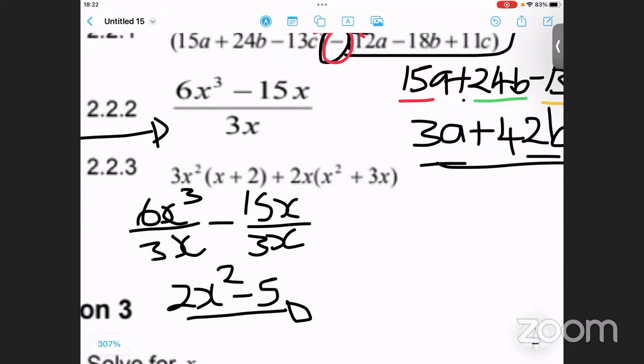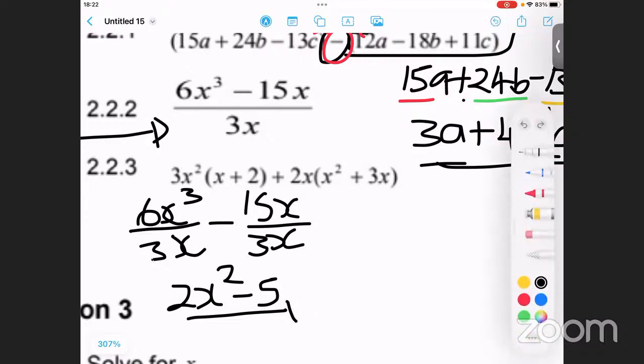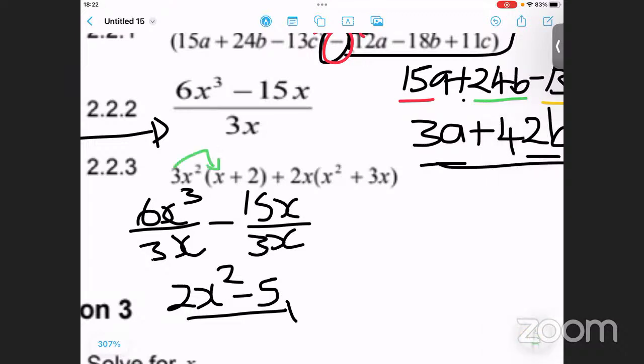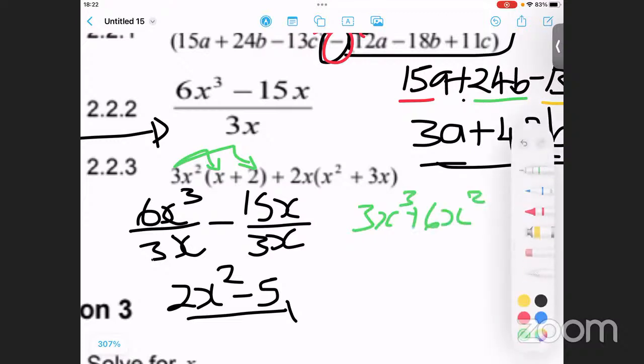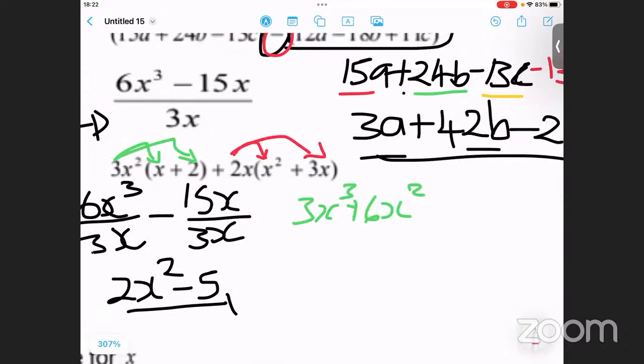So, ma'am, what I did was I multiplied 3x squared to x plus 2, which I got 3x cubed plus 6x squared, and then I multiplied 2x by x squared plus 3x, which I got 2x cubed plus 6x squared.